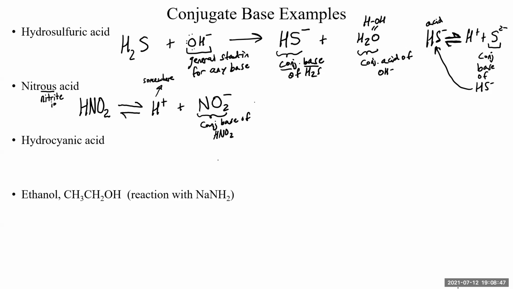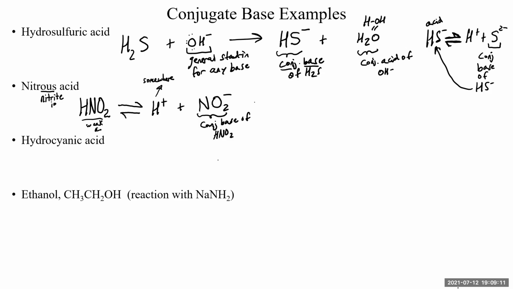By the way, the stronger the acid, the weaker its conjugate base as a base. And the weaker the acid, the stronger its conjugate base. They're opposites. Let me give you an example right now. Nitrous acid is a weak acid.